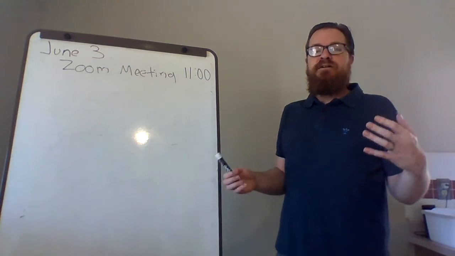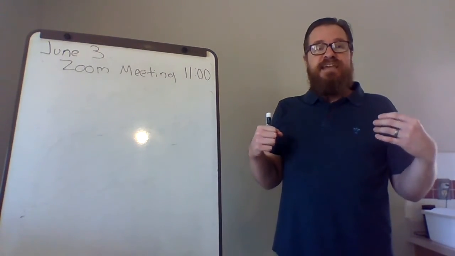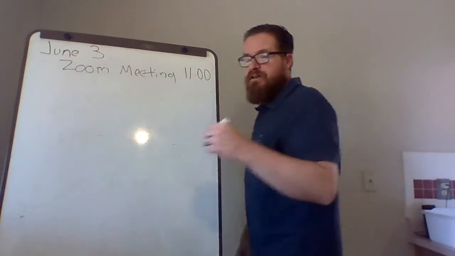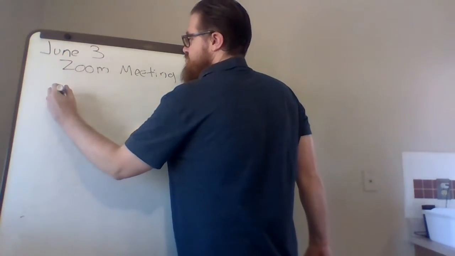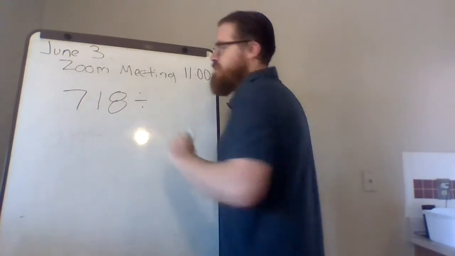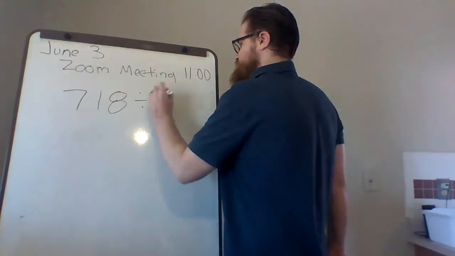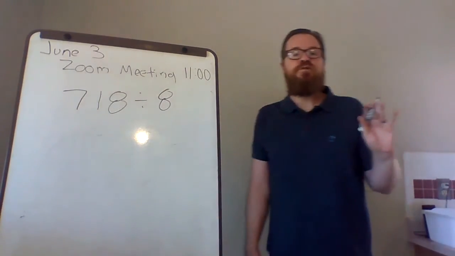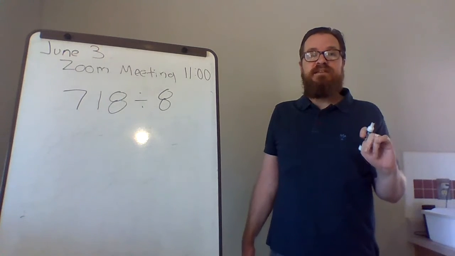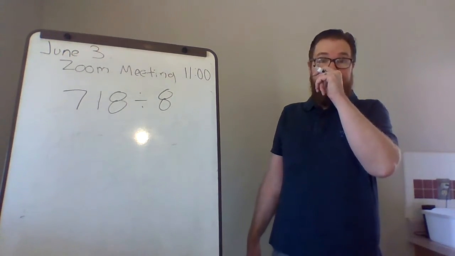But for right now, let's just look at another thing that you can do in division, that's estimating. So let's say I have something like this, 718, and I'm going to divide that by 8. Now, I don't need to know an exact answer right now. I'm just going to get an estimated answer.